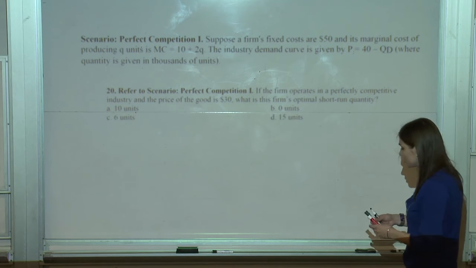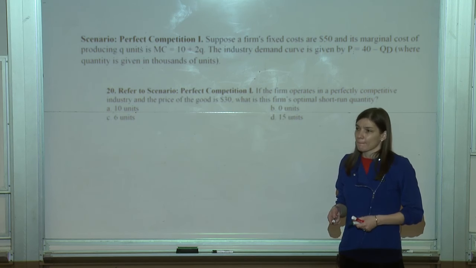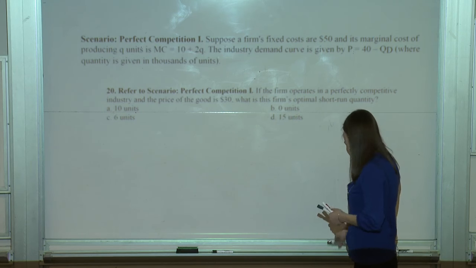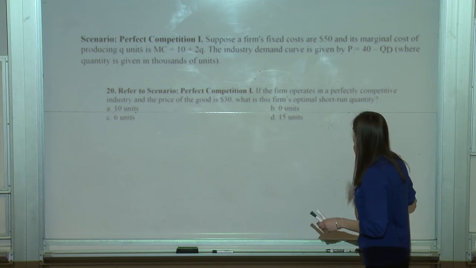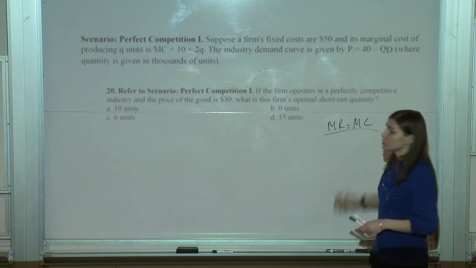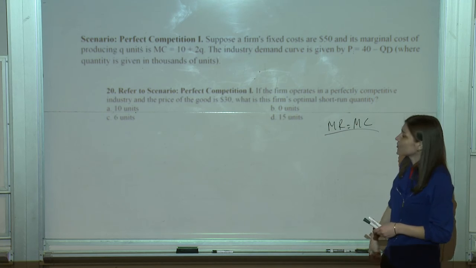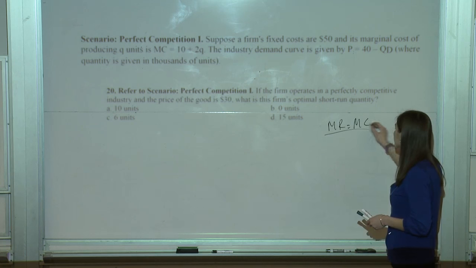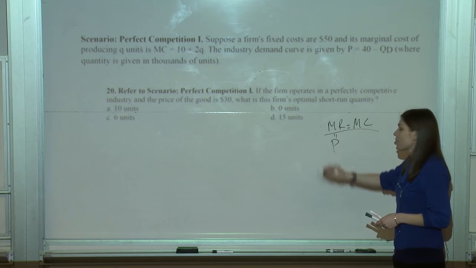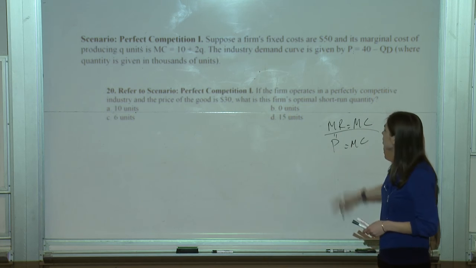All right, so what is the profit maximizing decision? Marginal revenue equals marginal cost, always. But we have here a perfectly competitive industry. So what is that also equal to? The price. So in perfect competition, price equals marginal cost.